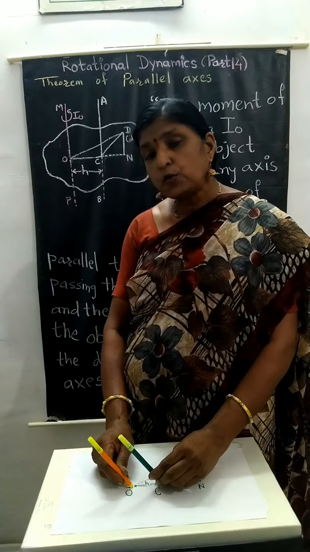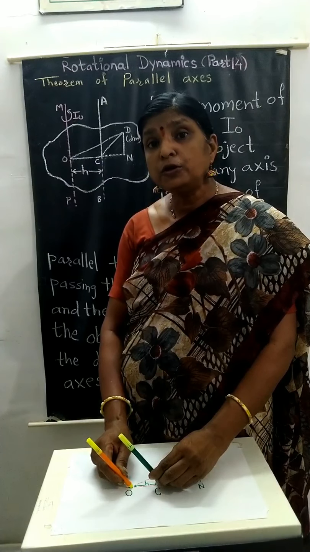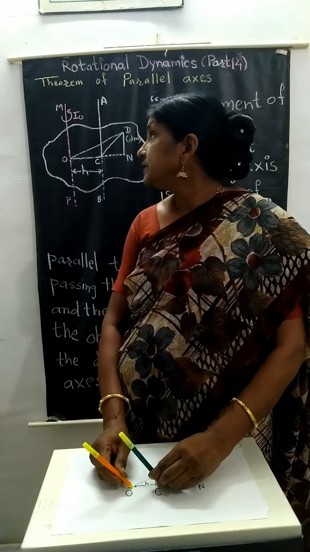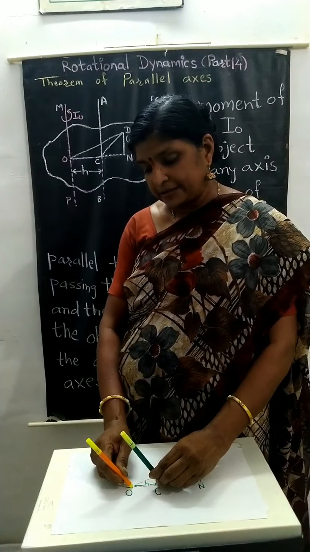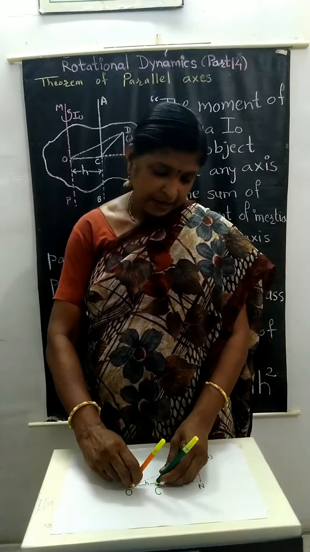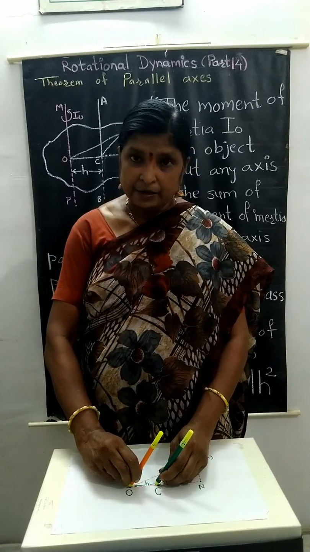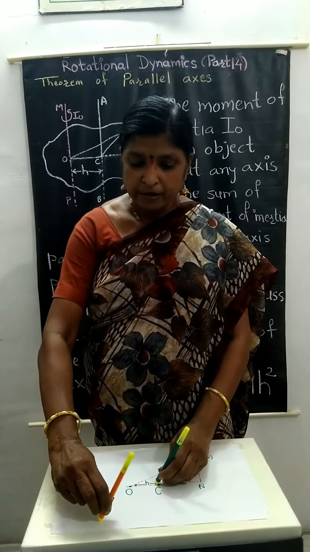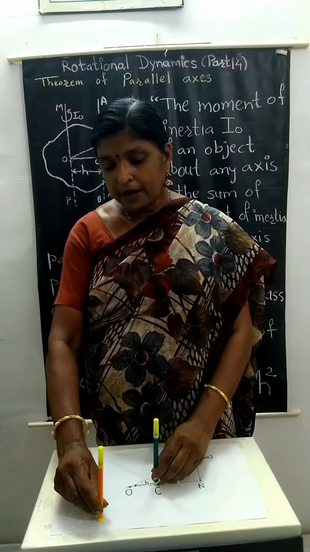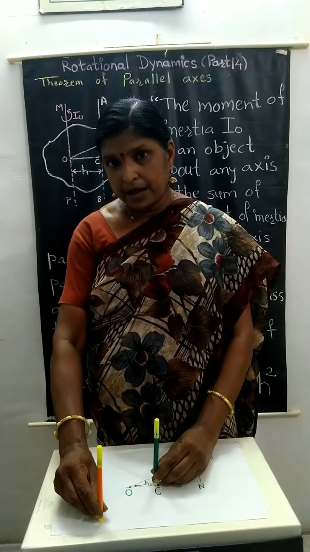Remember, these two axes must be parallel to each other, and we should know IC for using this theorem of parallel axis. If one axis passing through point O is like this, then the other axis passing through point C should also be parallel to this. If point O is somewhere here, then this will be the condition. If both are exactly perpendicular, then this will be the condition, like this.